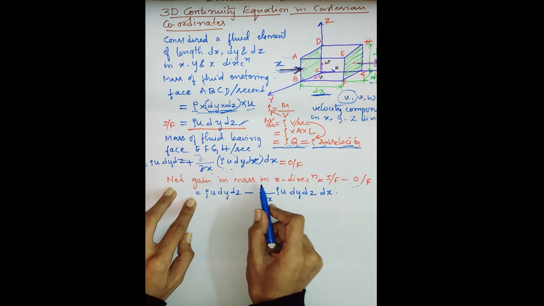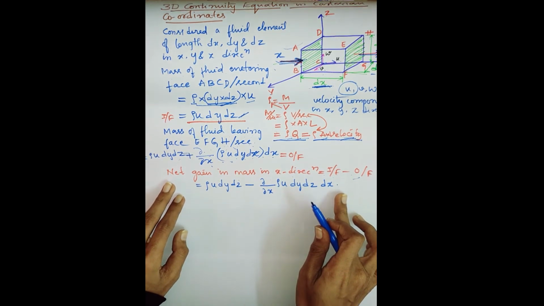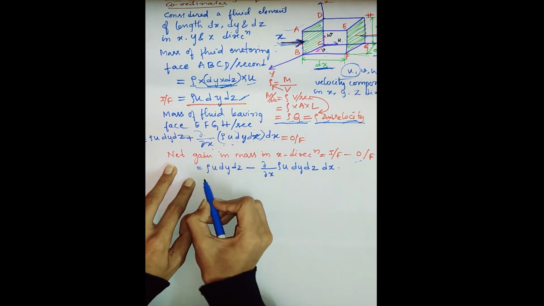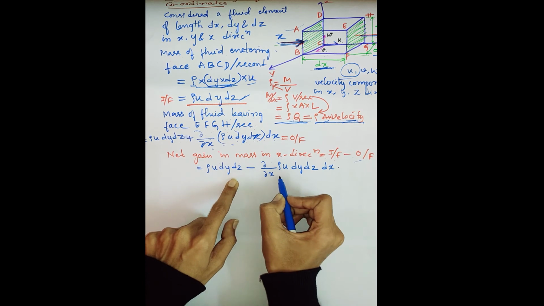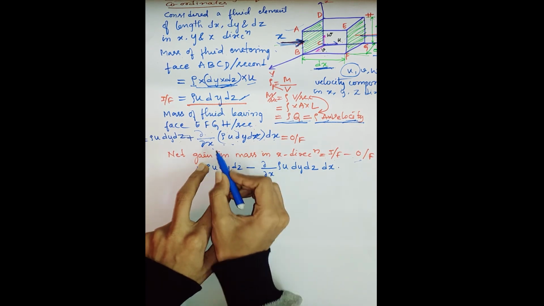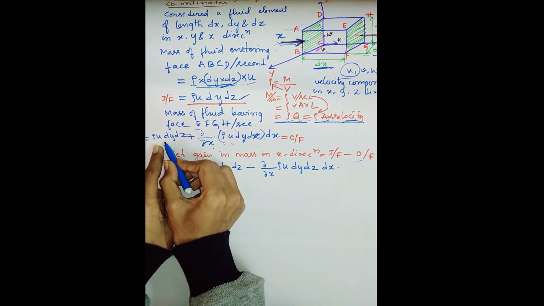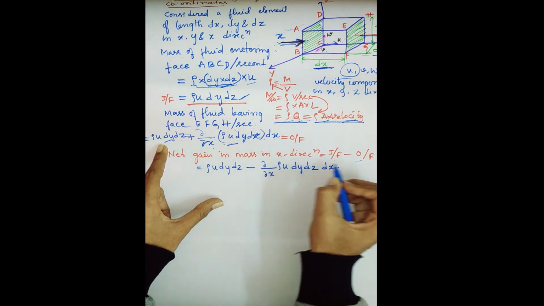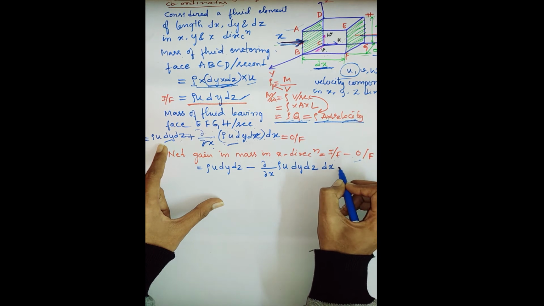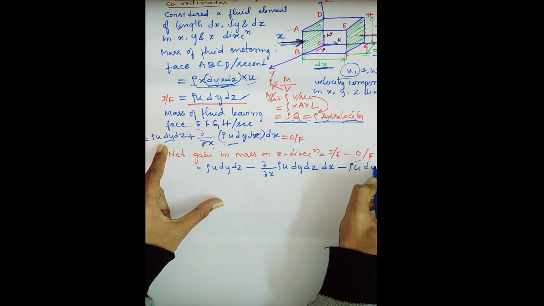So the net gain in mass in x direction is equal to inflow minus outflow, which is rho u dy dz minus, because the minus multiplies both terms, dou by dou x of rho u dy dz into dx minus rho u dy dz.